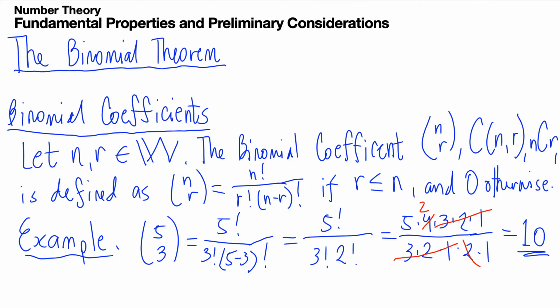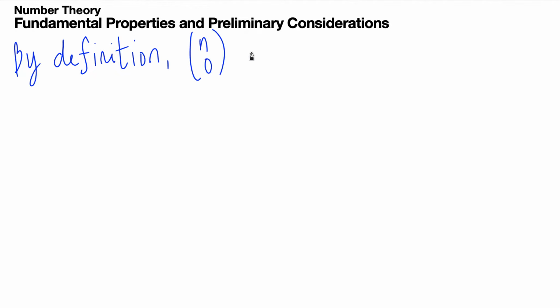To add, by definition, n choose 0 is equal to 1, which is equal to n choose n, which is equal to 1. This is where we end with our binomial coefficients, but we're going to use that concept in the next theorem.